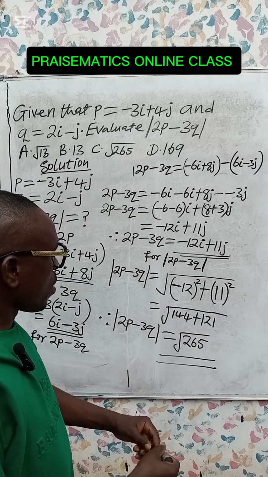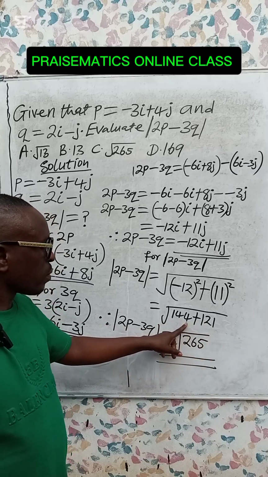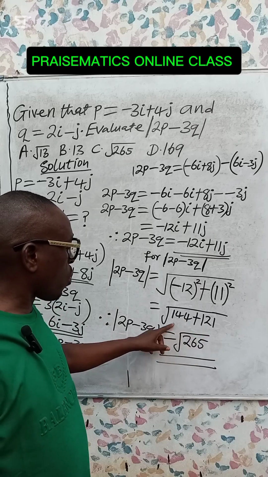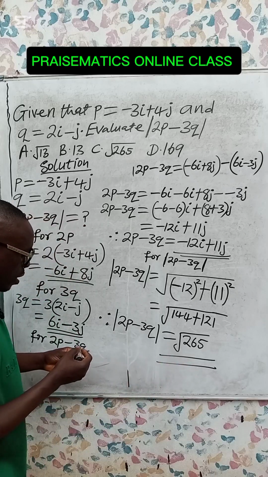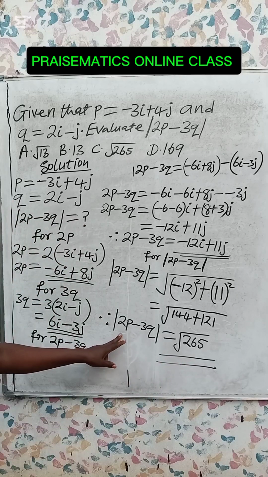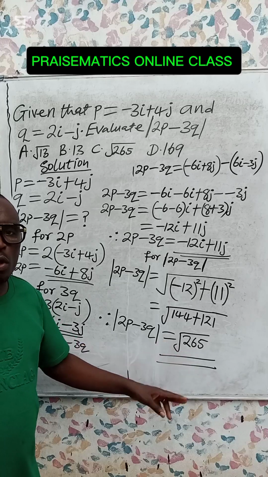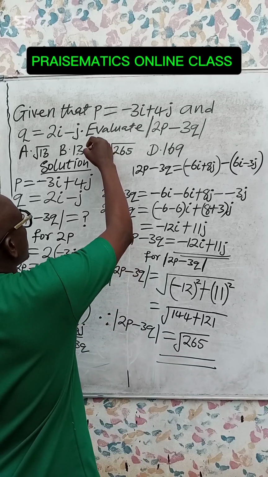When you add 144 and 121: 1 plus 4 is 5, 2 plus 4 is 6, 1 plus 1 is 2. So the magnitude of 2P minus 3Q is the square root of 265.